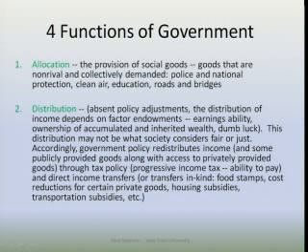The second is distribution. The government must redistribute resources. I just got done talking about that, because there are unjust distributions of income. Government policy redistributes income and publicly provided goods through tax policy.